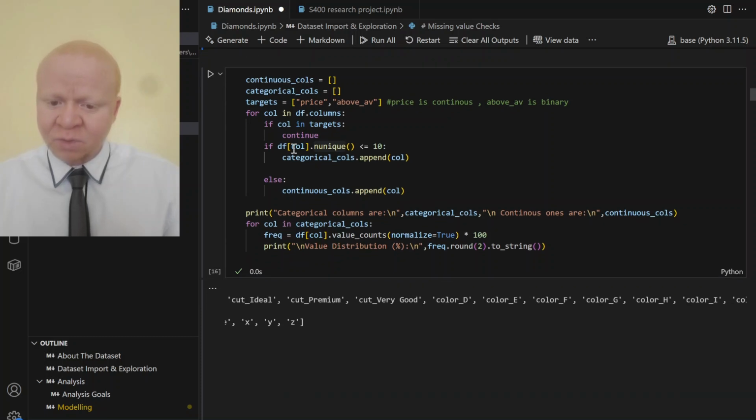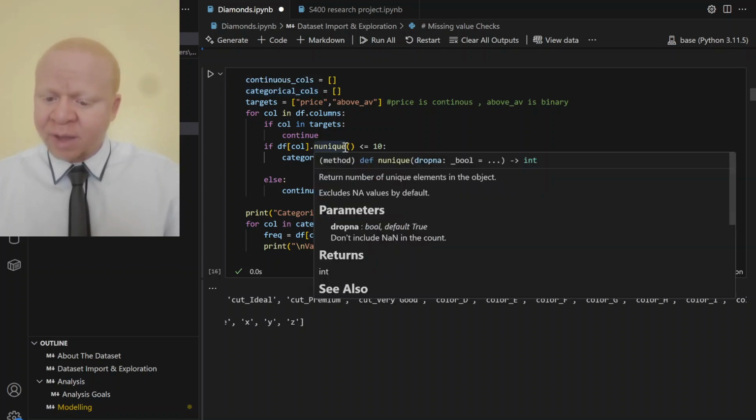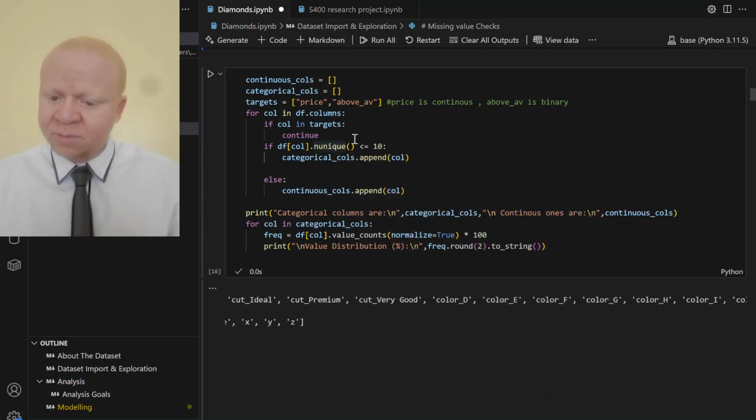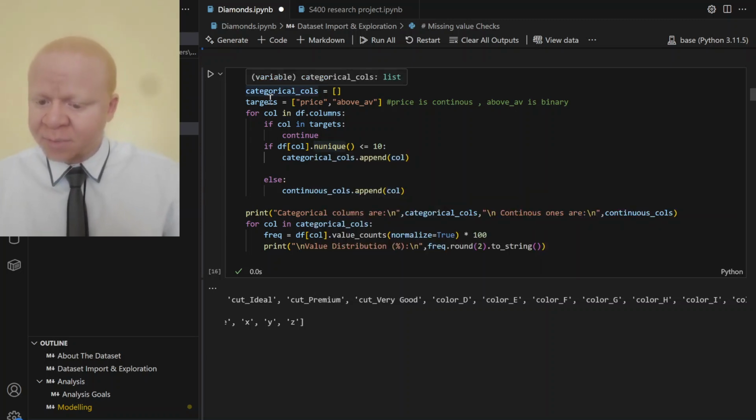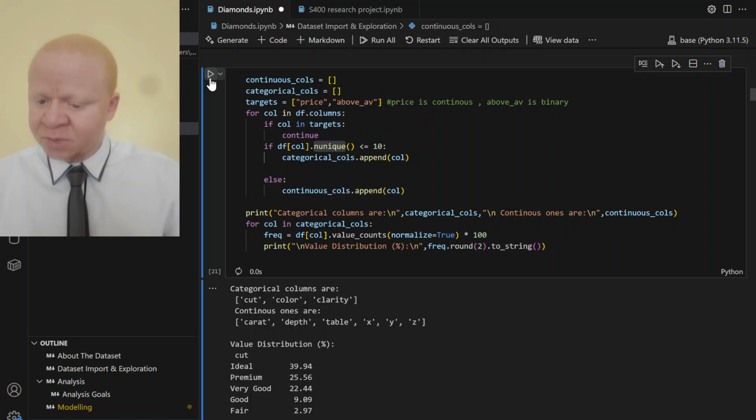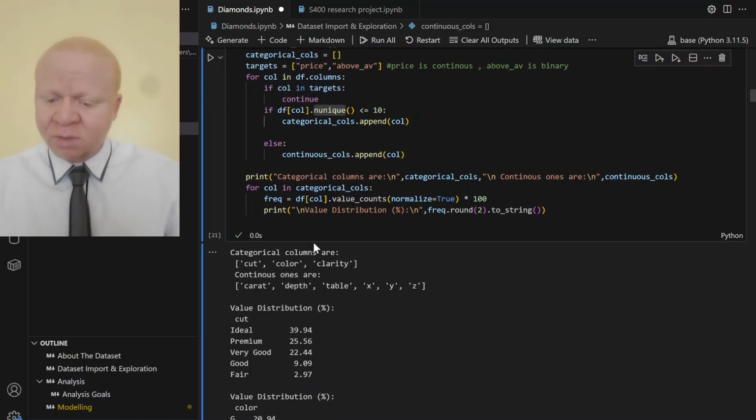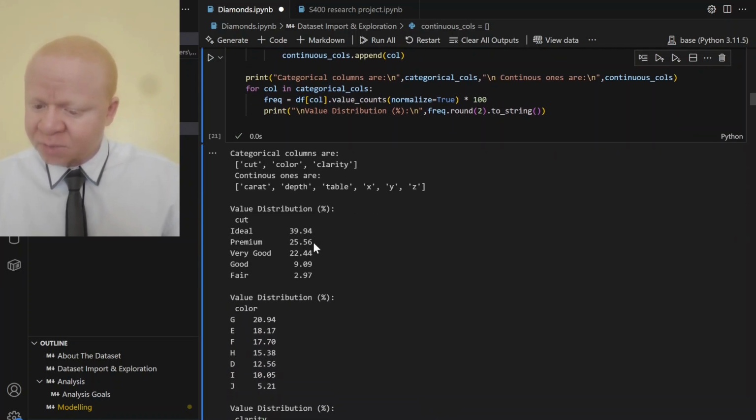Thereafter, we move on to splitting the data, or the columns per se, into both continuous and categorical columns. I use the basis personally that if a column has 10 or less unique values, it's categorical. So I split my columns into those, and then for those categorical columns I do frequency tables for them.